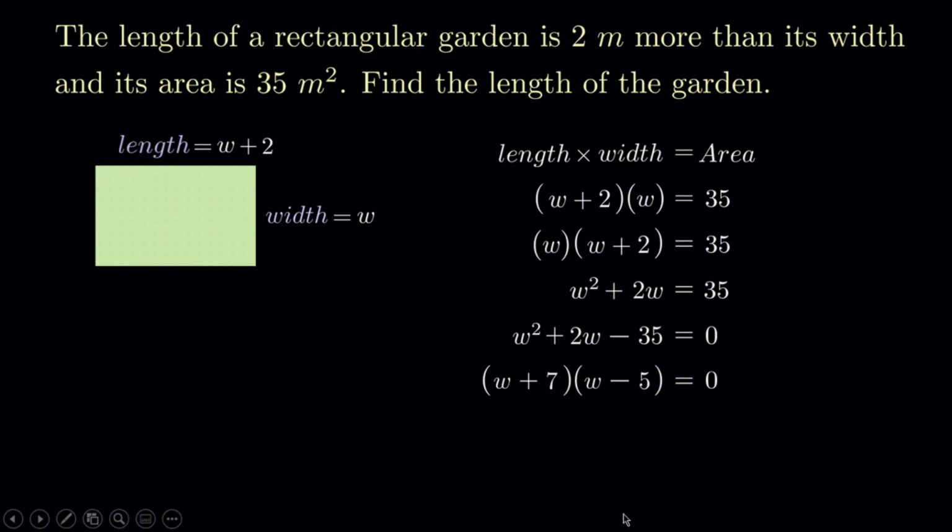Okay? Pagkatapos, yung factor na W plus 7 equal natin sa 0, or yung factor natin na W minus 5 equal din sa 0. So, solve each case. So, we have W plus 7 equals 0, W equals positive 7, lipat sa kanan. So, maging negative 7. 0 minus 7 is negative 7. Para naman dito, so, we have W equals negative 5, lipat sa kanan. We have positive 5.